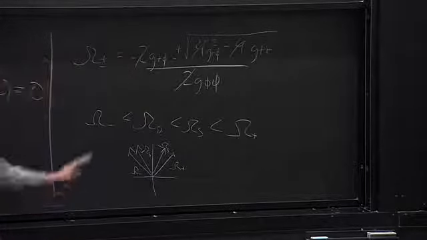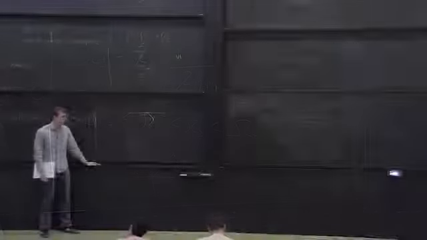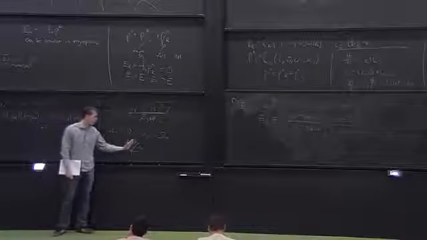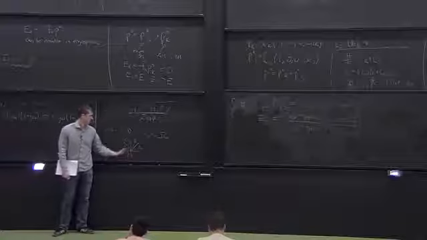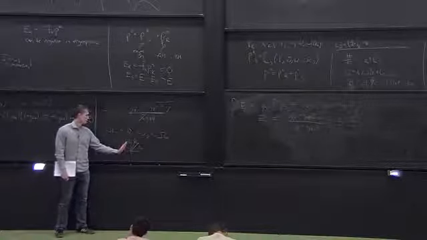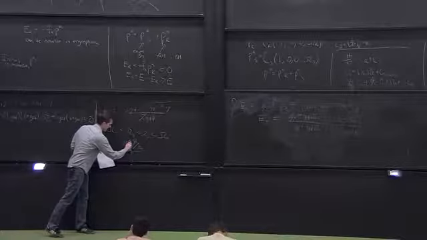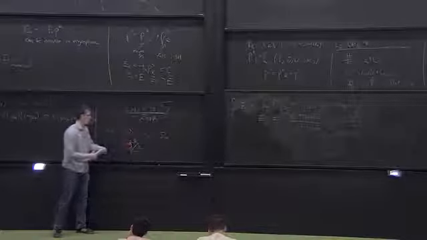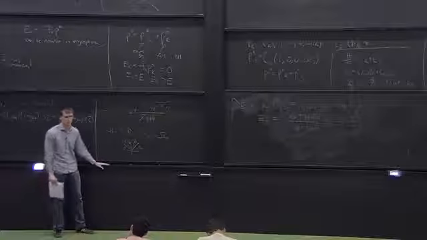But if we actually want to maximize the efficiency of this process, we basically want to take the limit where omega s goes arbitrarily close to omega plus, and omega r goes arbitrarily close to omega minus.